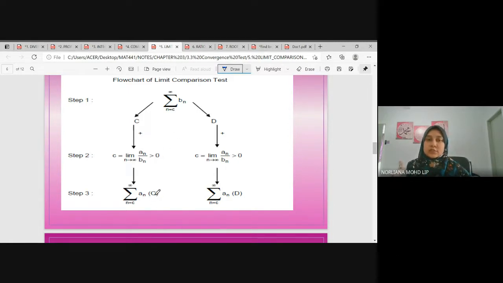Then the conclusion is converge. This series is converge. Okay, if from bn the series is diverge, then second step you have to find c. Sama juga ni, c must be greater than 0. Then the conclusion is the series of an is diverge.